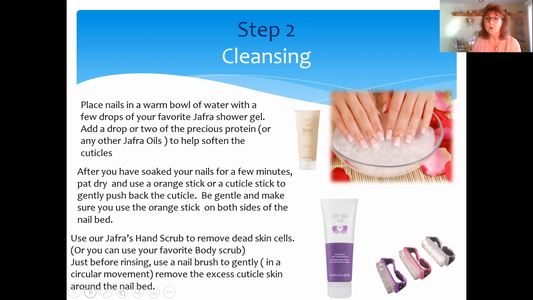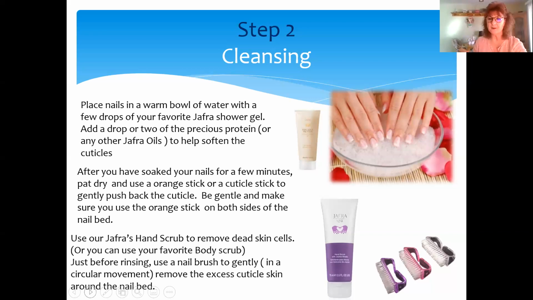That will help you soften up the cuticles. So you're going to place that in and soak your nails for a few minutes. After that, you're going to pat them dry, and then you're going to use an orange stick like you see here. And you're going to very softly and carefully push back the cuticle.